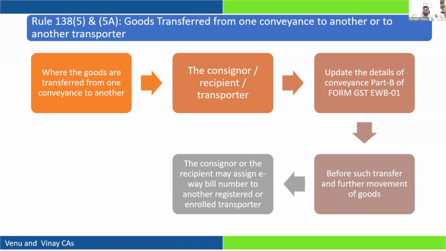What this rule is saying is that before the transshipment, before further movement of the goods and before such transfer, part B, the transport details, needs to be updated with the new transport details. Otherwise, it will be deemed that you have transported the consignment without a proper e-way bill.